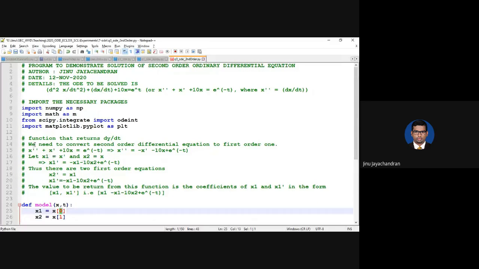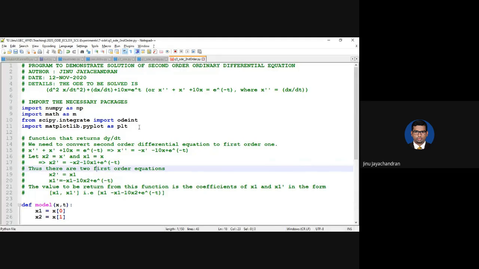so we need to convert the second order differential equation to a first order one. So x double dash plus x dash plus 10x is equal to e raised to minus t implies x double dash is equal to minus x dash minus 10x plus e raised to minus t. So let x2 is equal to x dash and x1 is equal to x. So I can say x2 dash is equal to minus x2 minus 10x1 plus e raised to minus t.